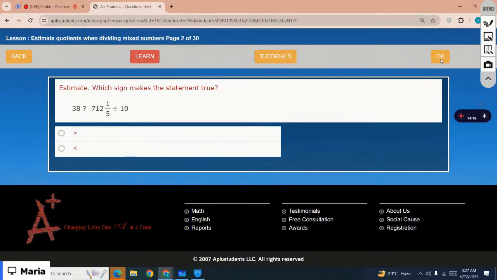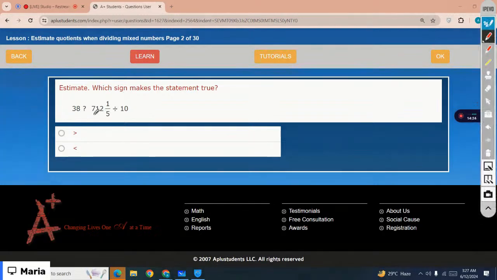Thirty-eight is less than 70, right? Less than, because 712 is rounded off to 700, because 700 is easily divided by 10. So 700 divided by 10 is 70. So 38 is less than 70. The correct option is less than, isn't it? Any question?